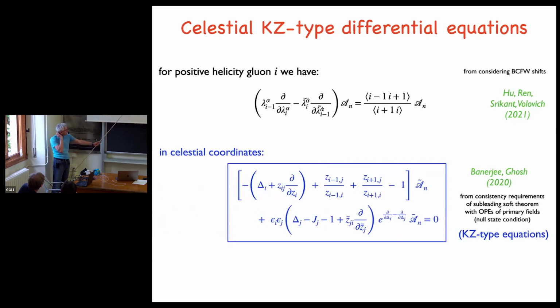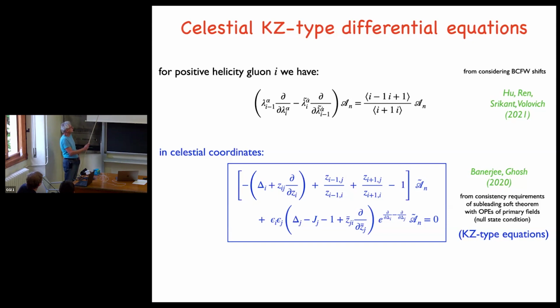In the Carrollian picture, it looks more different, with this strange exponential, because translations are represented by these operators, which act in a non-trivial way on your fields.